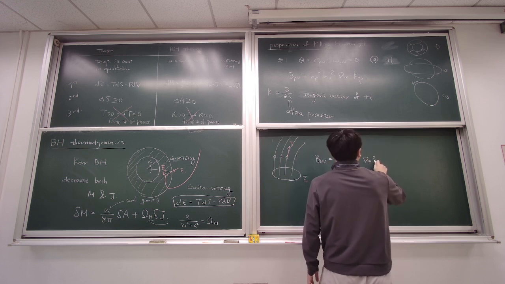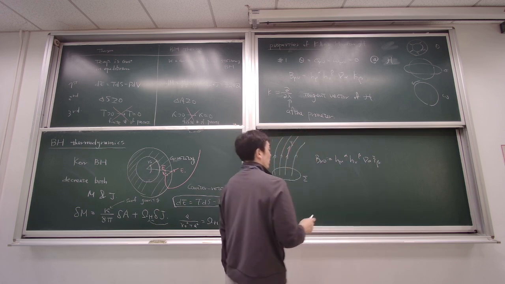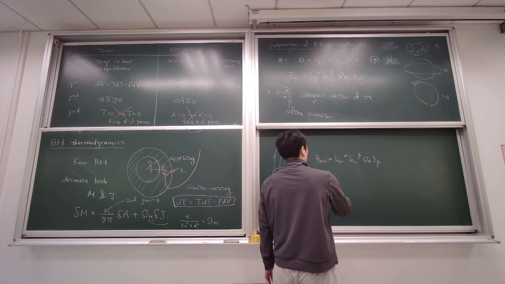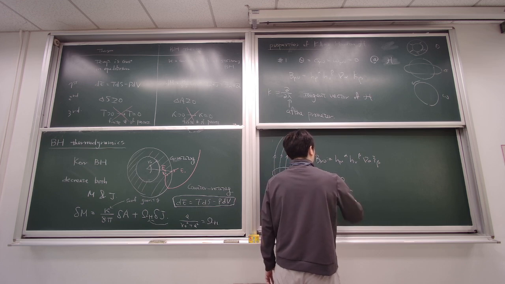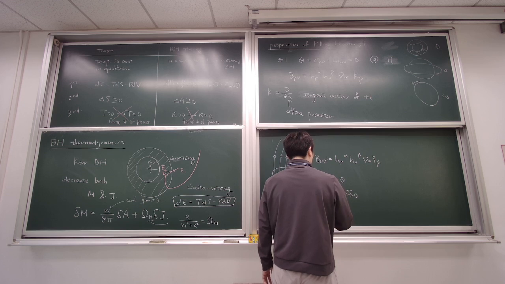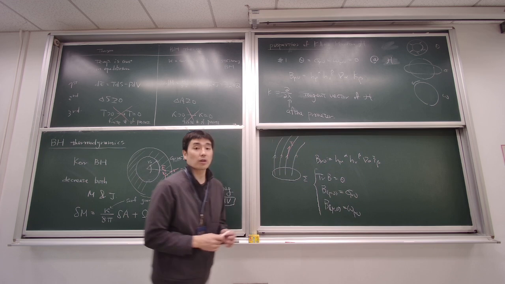So this is the definition of B mu nu, and then the trace of B is equal to theta, the symmetric part is sigma, and the antisymmetric part is omega. So those are the definitions, as we recall.